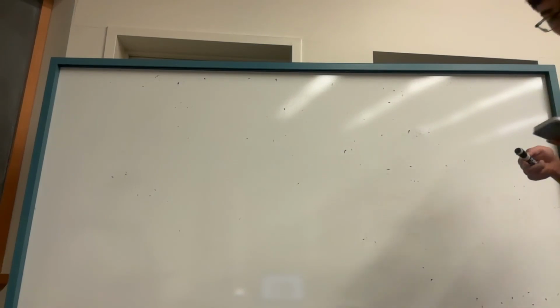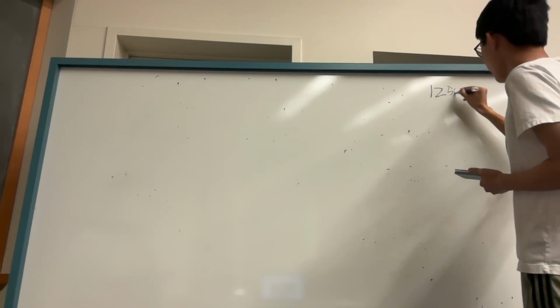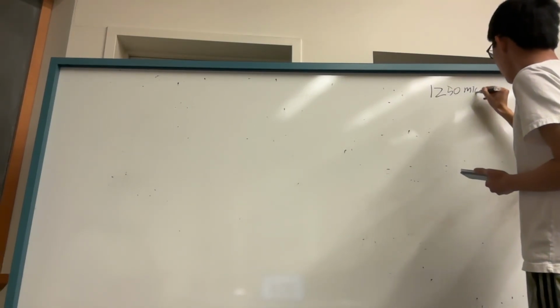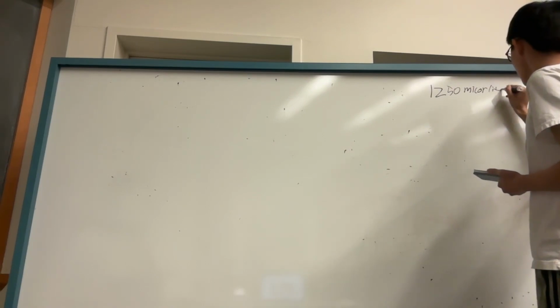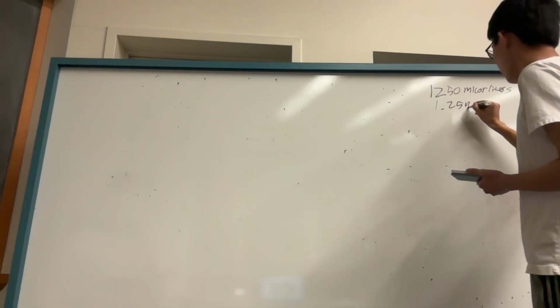Okay, to solve this question, we need to know that 1,250 microliters is the same as 1.25 milliliters.